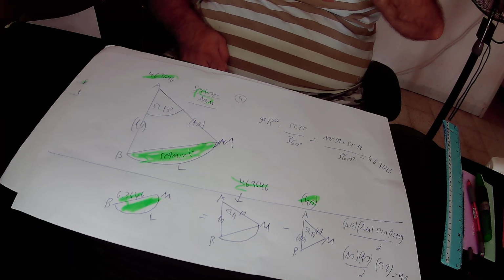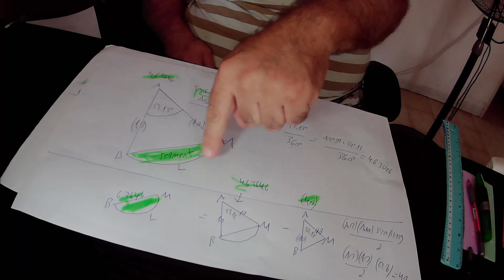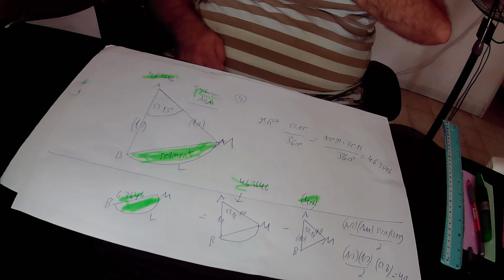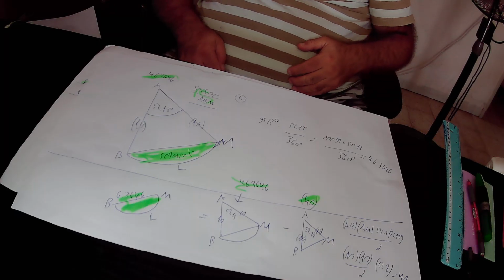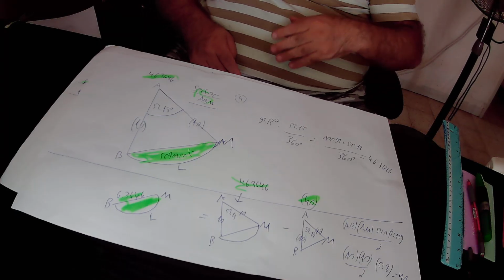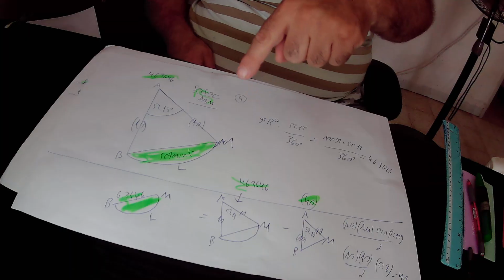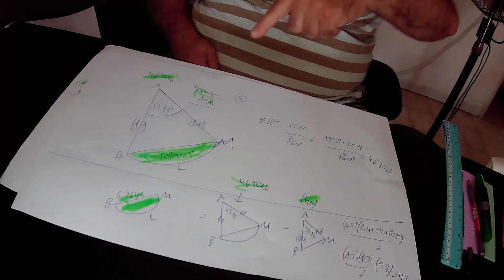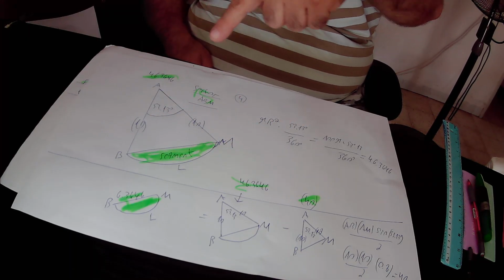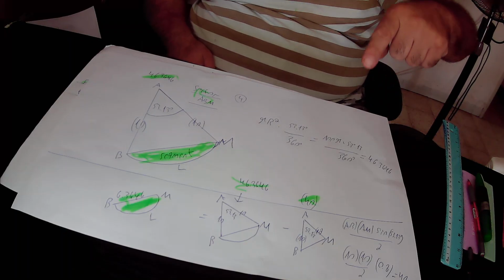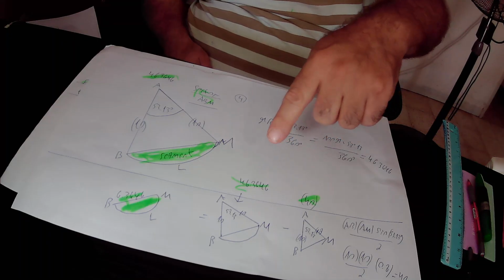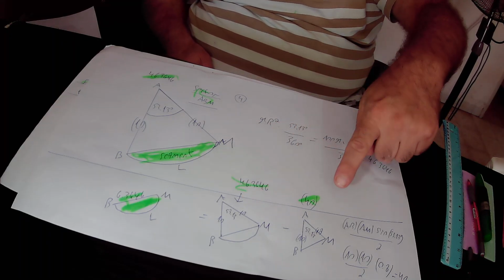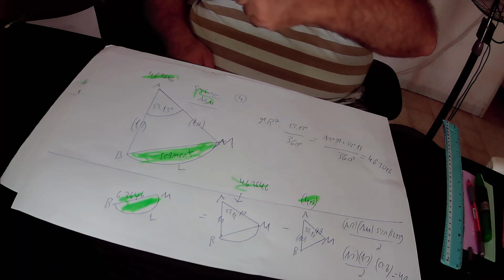Our task is to find out the area of the lower segment MLB. From the drawing, it is very easy to see that the area of this lower segment MLB, or BLM, equals the area of the big sector ABM minus the area of triangle ABM.